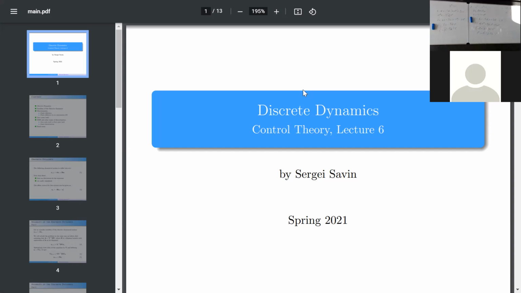Okay, so the topic for the next 20 minutes, I guess, is discrete systems. You probably already understand the idea of a discrete system, right? Like the idea of discreteness, at least in some sense.